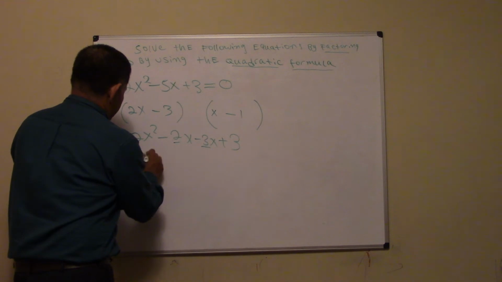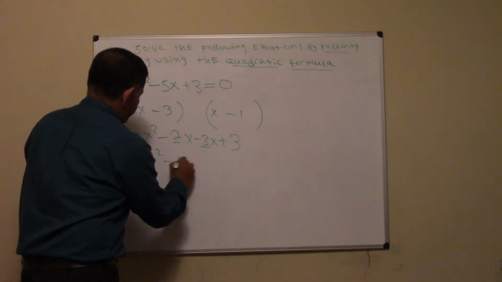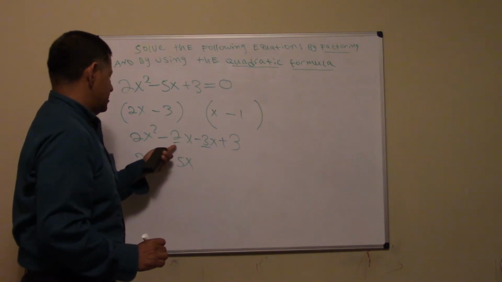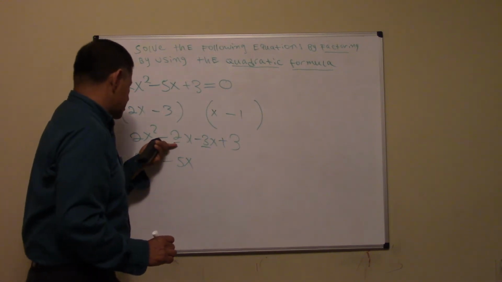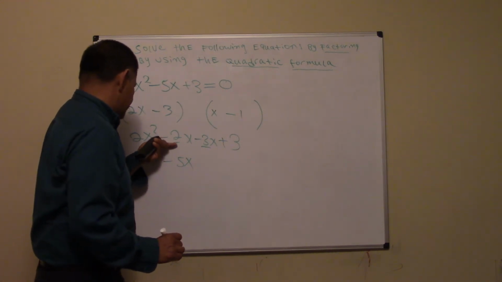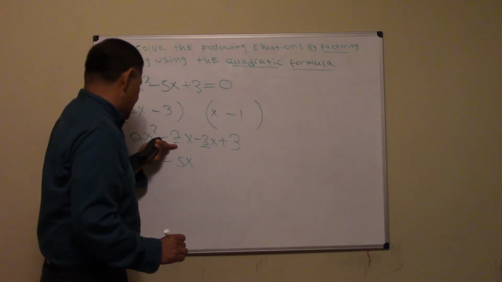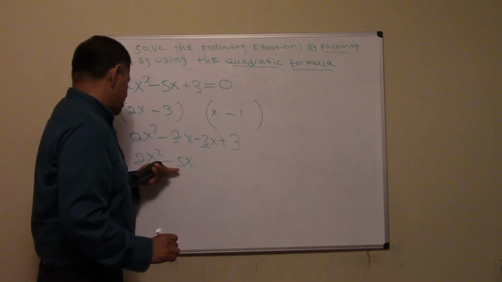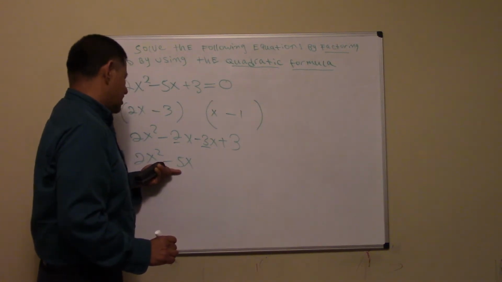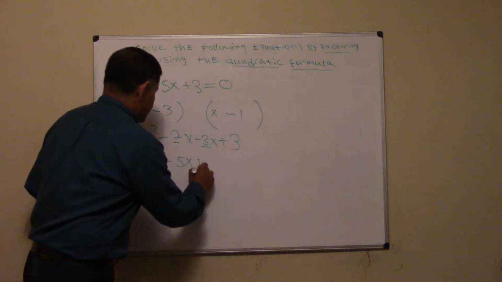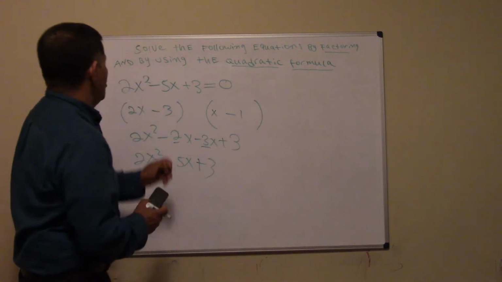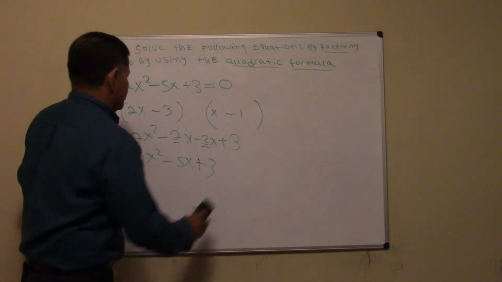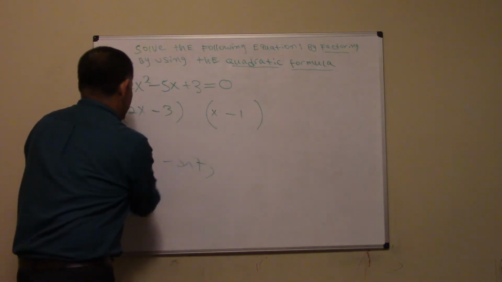So 2x squared minus 5x plus 3. Okay, so we got the original equation, which means that this factoring is correct, right?